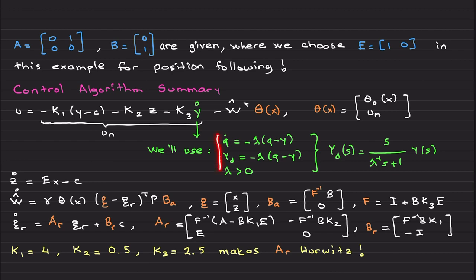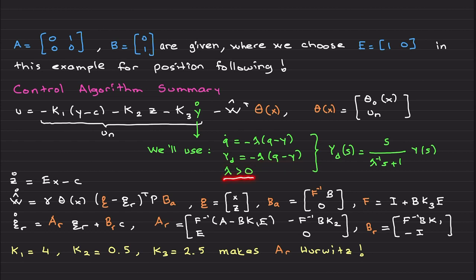It is very meaningful to use that one instead of the actual Y dot. If you look at this side, this is equivalent to this, but this is the state space representation. You can take the inverse Laplace transformation, and you arrive at this filter form. In state space, you have basically q dot equals minus lambda q minus y, and the filtered derivative is minus lambda q minus y.